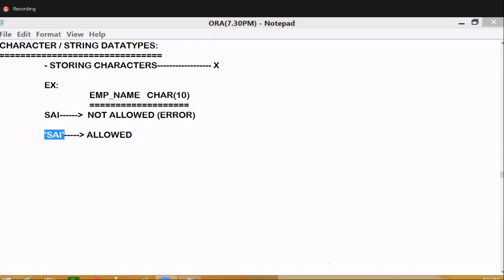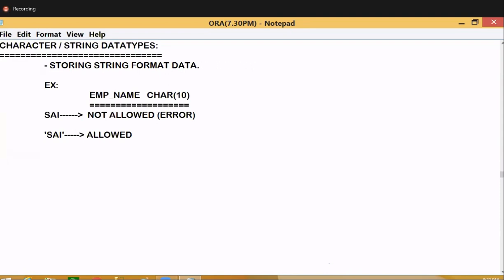So the problem here is that a string is accepted, not characters. That's why character data types are storing not characters but string format data. It's a correct statement.